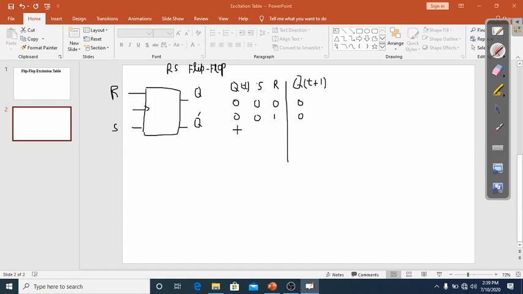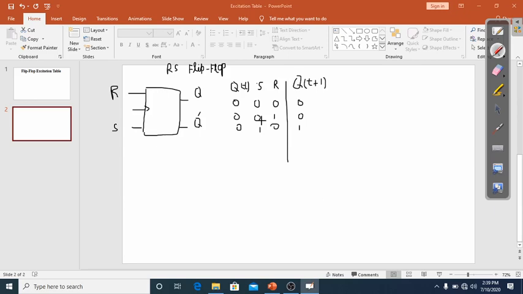So here, when set is 1, in this case the next state would be 1. When set is equal to 1, the next state is 1, whatever the present state is. Suppose the present state is 1, then it will remain 1.